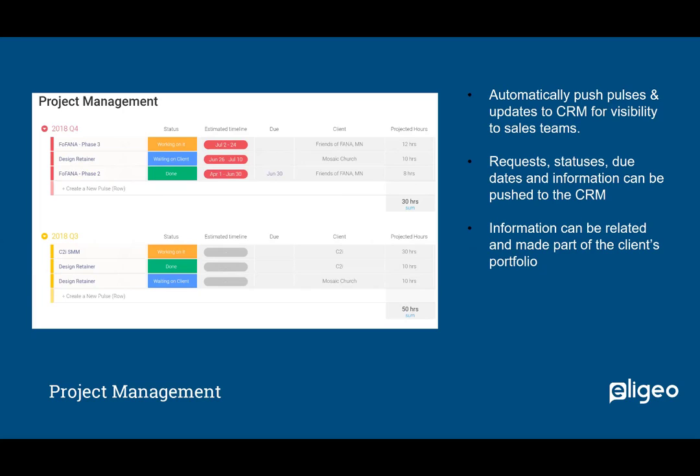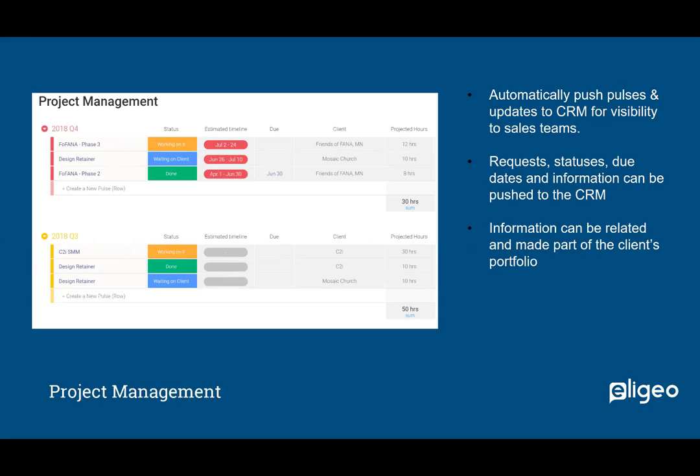They use the CRM because they track their leads, their follow-ups, their deals, and everything of that nature is handled inside of Sugar CRM. So when they want to know what's going on with a particular project, we want to be able to push that information from Monday.com into Sugar CRM so they have visibility to see where things are standing.